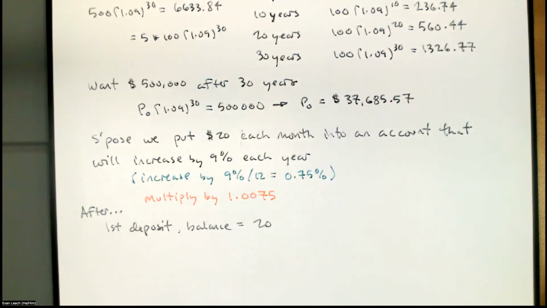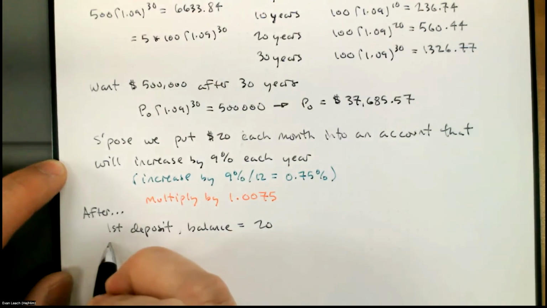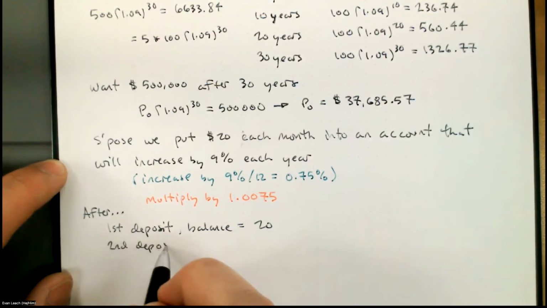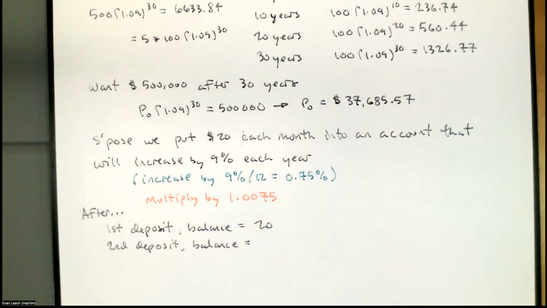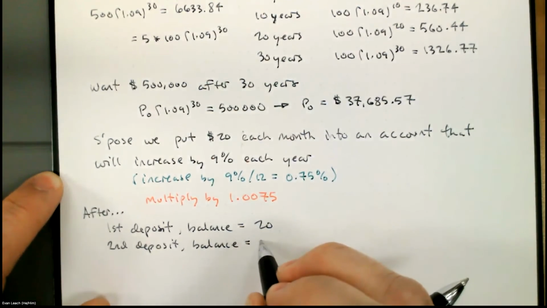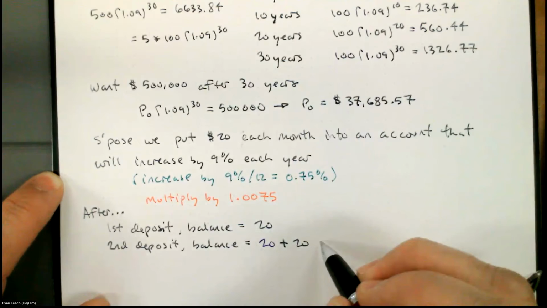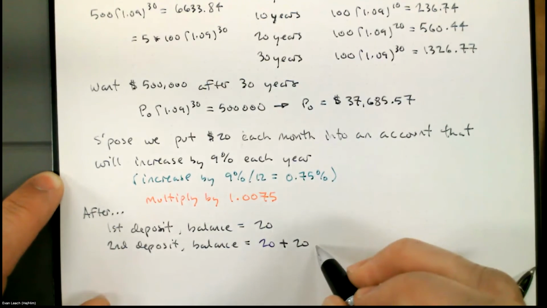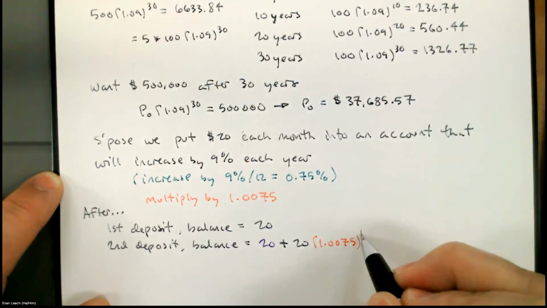Immediately after the second deposit, the balance is going to be the new $20 that we just put in, plus the old $20 increased by 0.75%, so our previous $20 times 1.0075. And it will have done that one time.